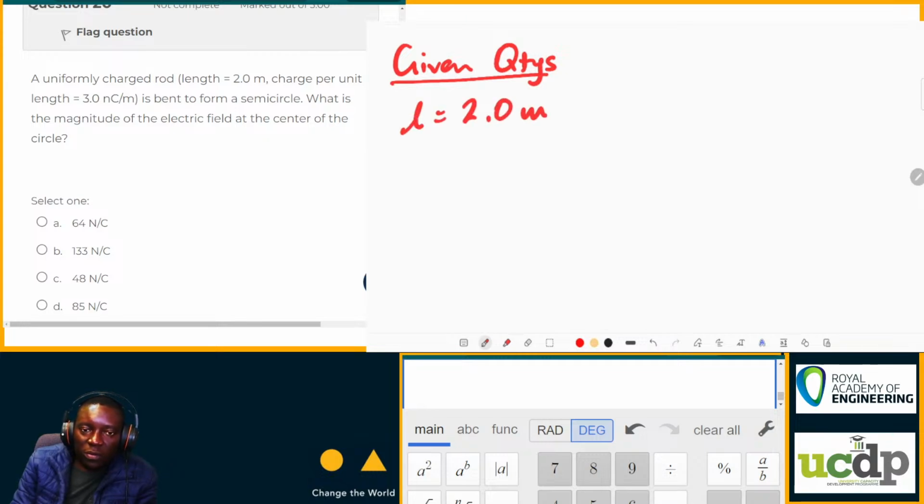So you have to be careful with the L and the R and what you are using in this part of the question, the lambda and the Q. So lambda is Q per unit L. Then R is radius, L is circumference, or just a segment or portion of the circumference.